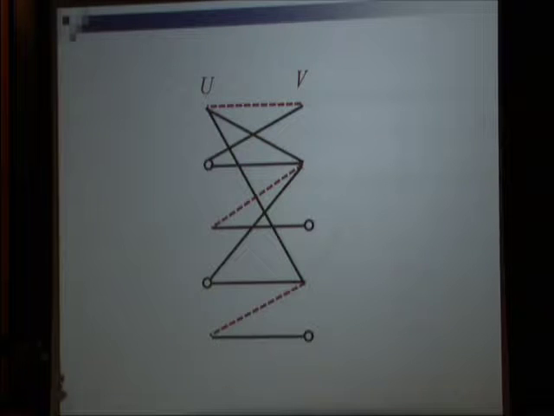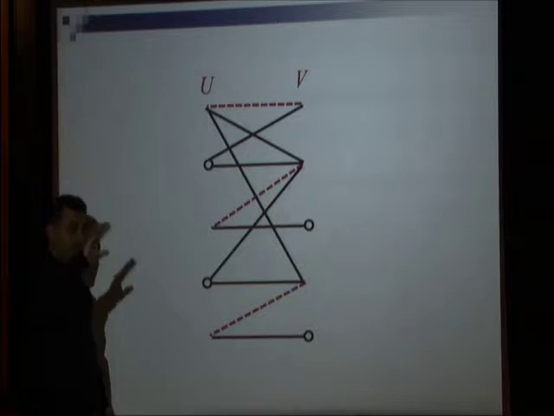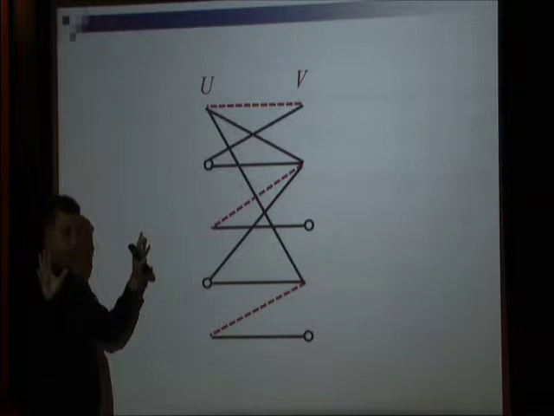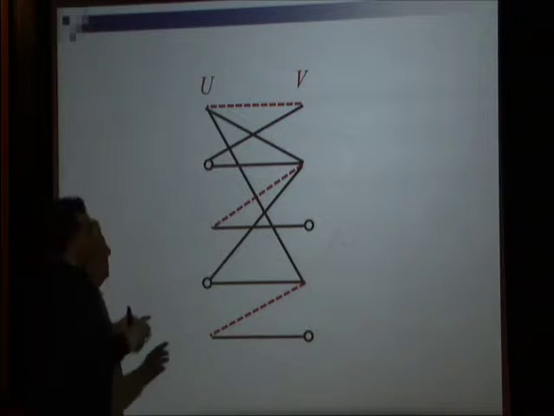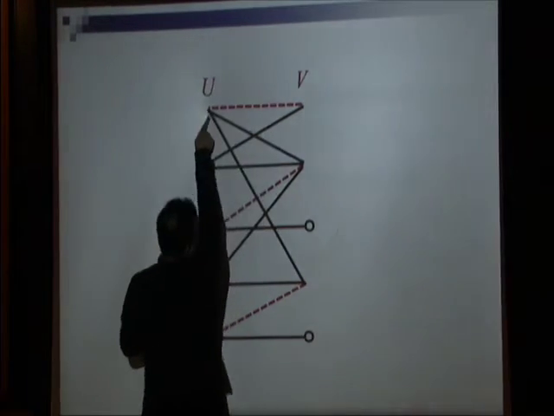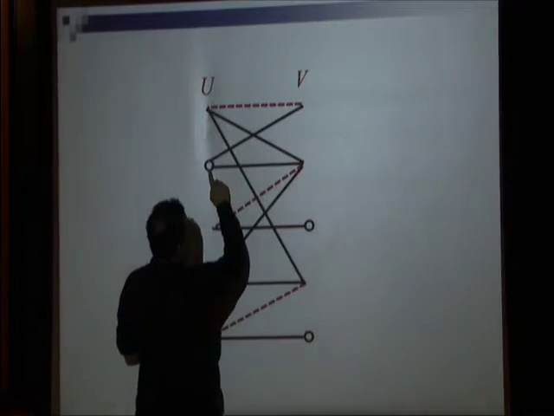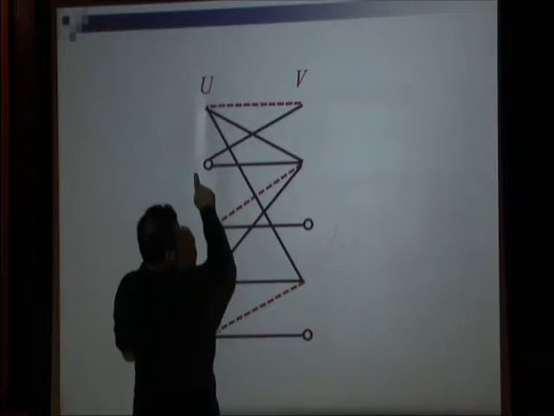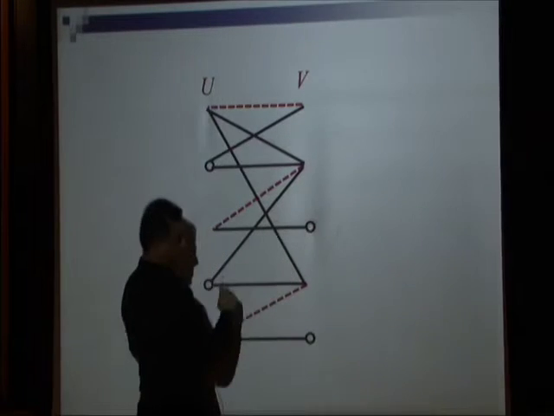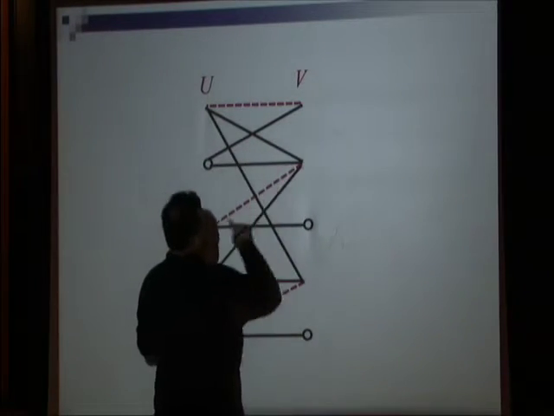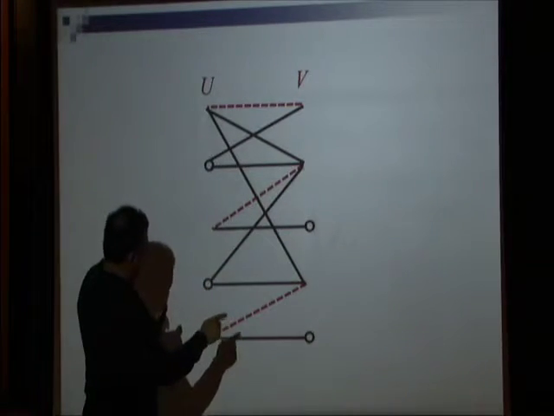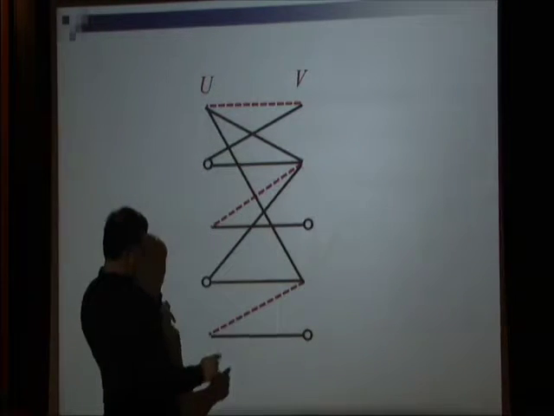So an augmenting path is a simple path that consists alternately of matched and unmatched edges and goes between two unmatched vertices. So this is an augmenting path, right? 3-length augmenting path. I can probably find, yeah, here on the bottom.